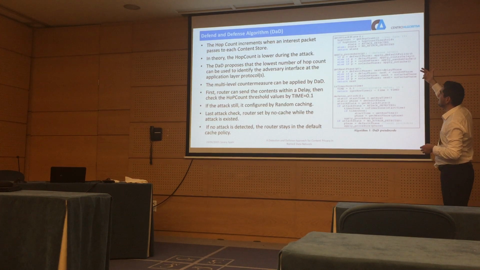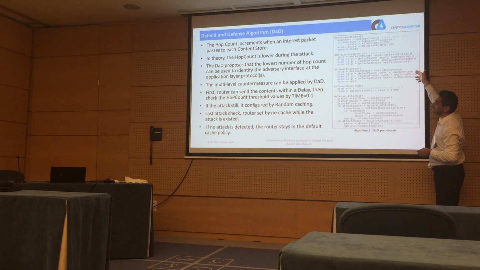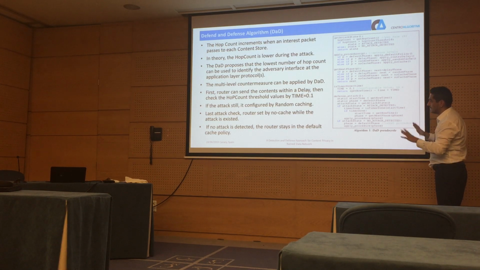Whenever the hop count is higher than our threshold, I indicate the attack is detected. While this attack is detected, I apply those countermeasures one by one. In the first case, I apply delay, then I wait a little bit and check the threshold values again. If the attack still exists, I switch to the random case. Then, if the attack still exists after checking the threshold values, I stay in the null cache while the attack exists.